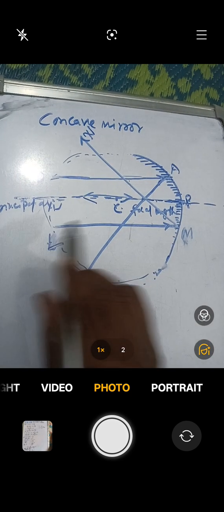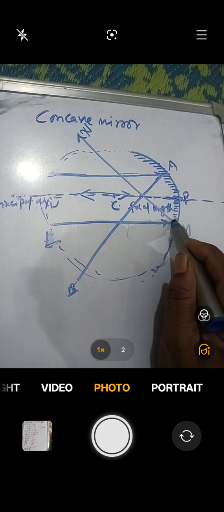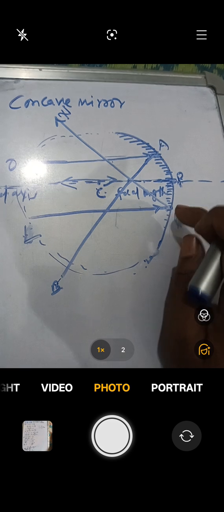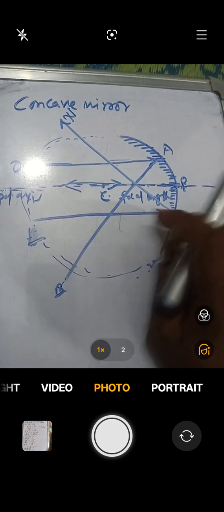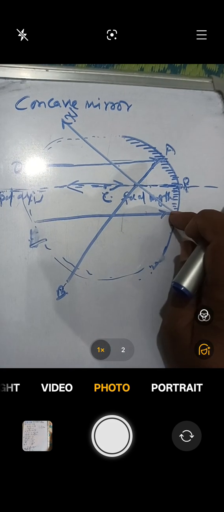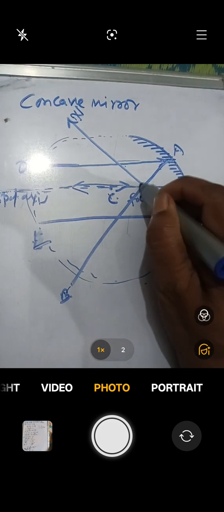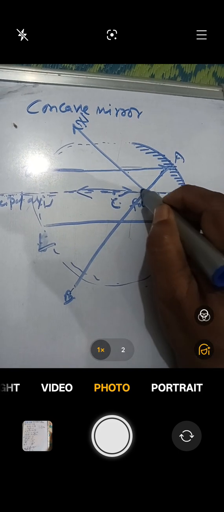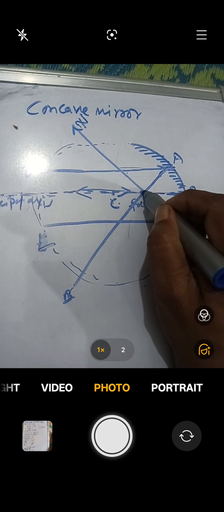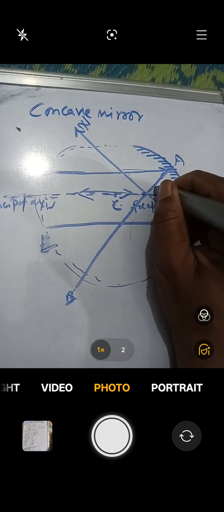Another incident ray LM falls on the mirror and gets reflected in the direction MN but passes through the same point. This same point is called focus.